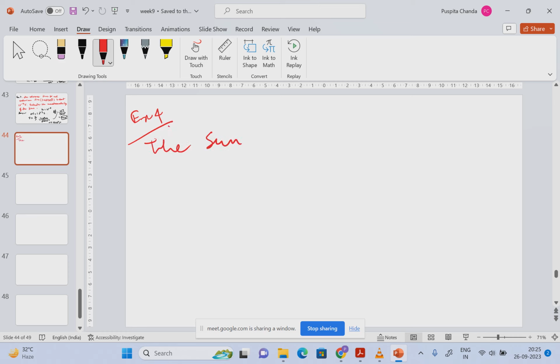Now, an interesting question. The sun subtends an angle of about 32 minutes on Earth.